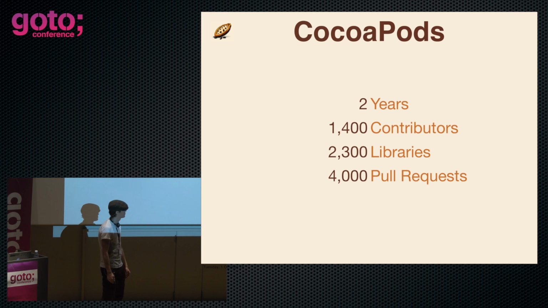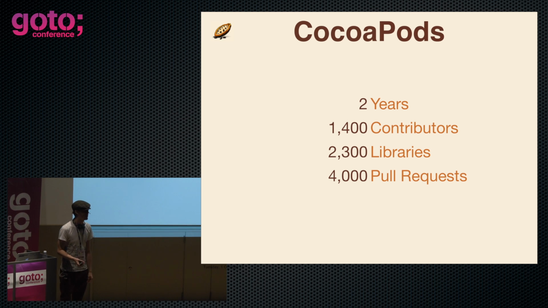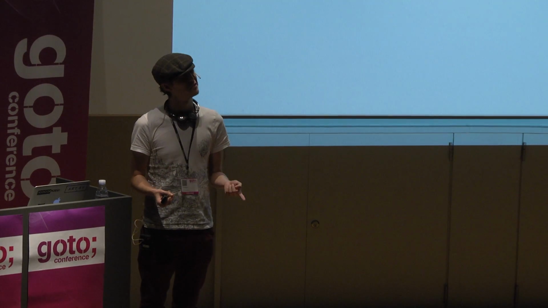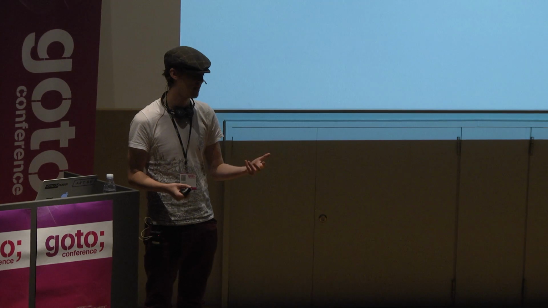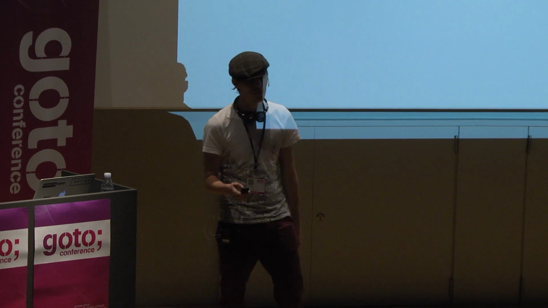We've had 4,000 pull requests in the last 2 years. Almost every morning now I wake up to about 20 to 30. I've built Safari and Chrome extensions for dealing with these. We have people that have built specific iPhone apps just to deal with the amount of traffic that we get.